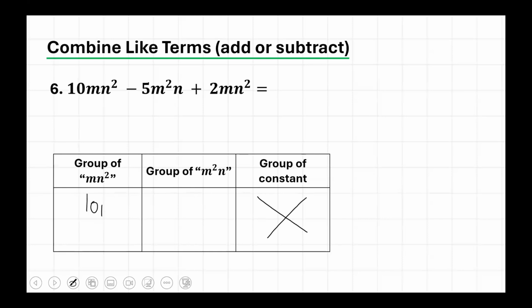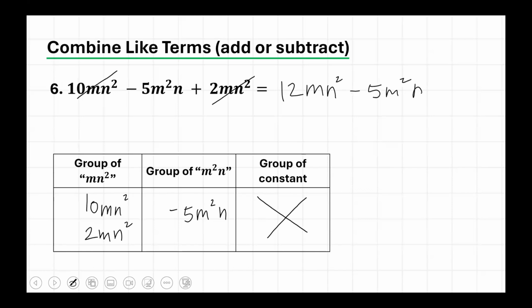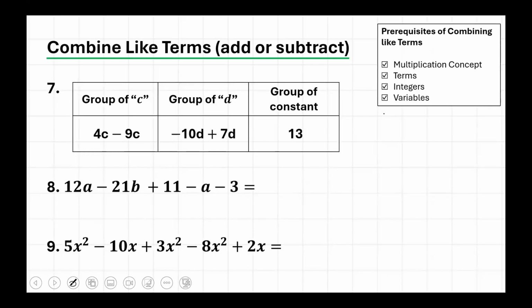We have 10mn squared, and another 2mn squared for this group. For the group of m squared n, negative 5m squared n. Now we can combine like terms. 10 plus 2 is a total of 12mn squared, minus 5m squared n. And that's our answer.